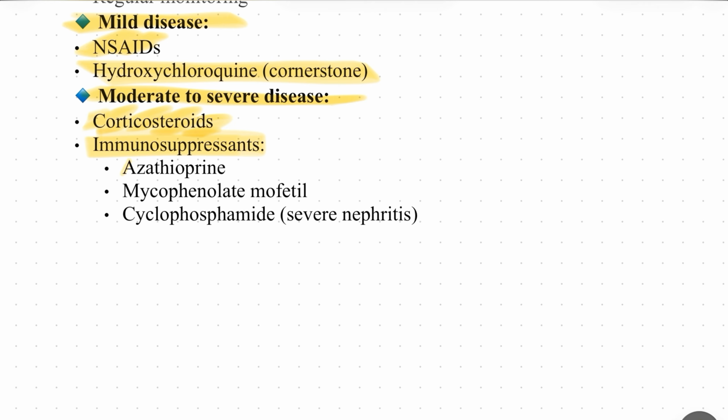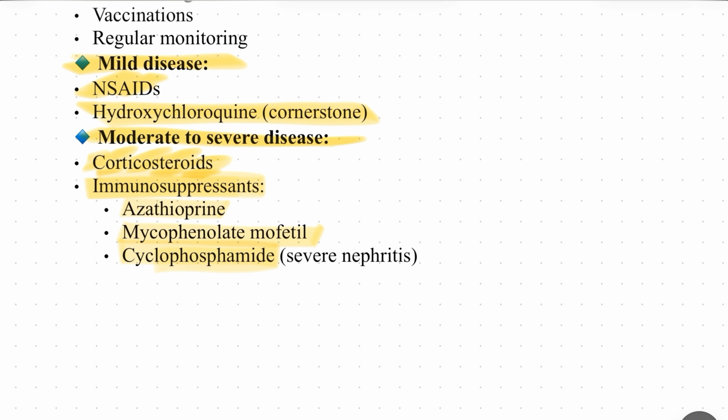Examples of immunosuppressants: azathioprine, mycophenolate mofetil. If you want to remember, just remember mofetil, then cyclophosphamide. This is given in severe nephritis.